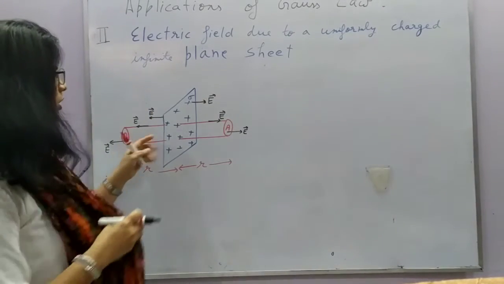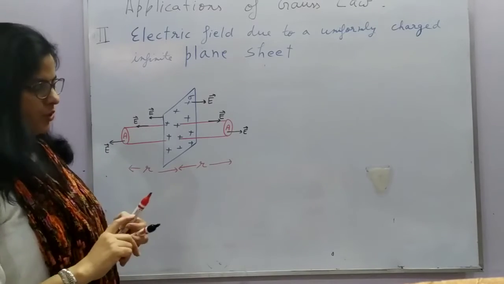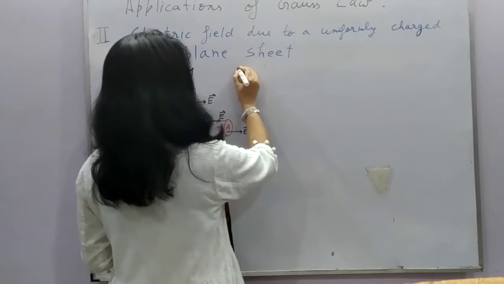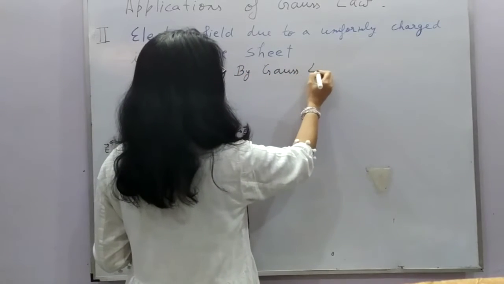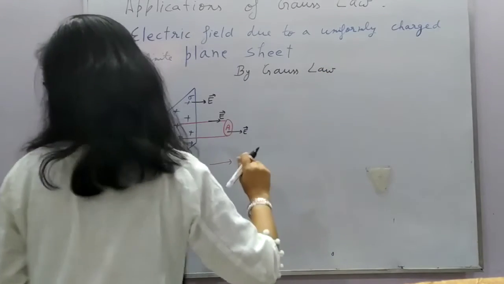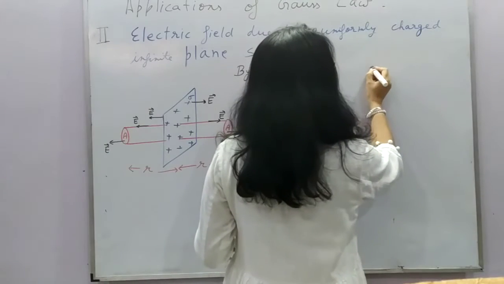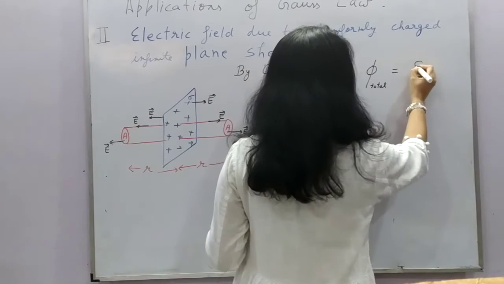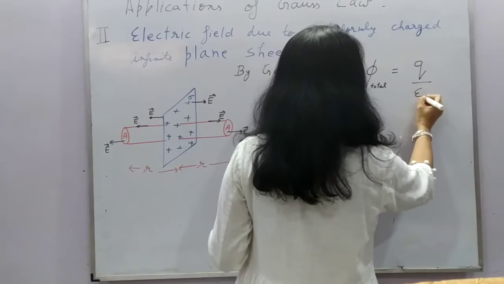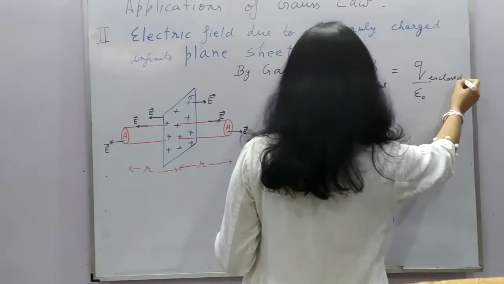Right? For deriving the formula for the electric field due to this sheet, we are using Gauss law. So by Gauss law, we have the first expression, which is phi total is equal to Q upon epsilon naught, where Q is the charge enclosed.